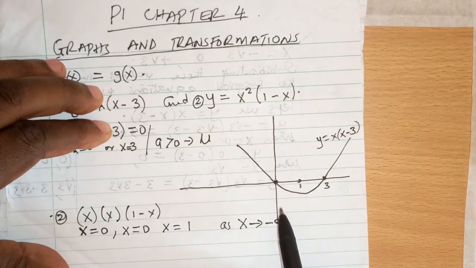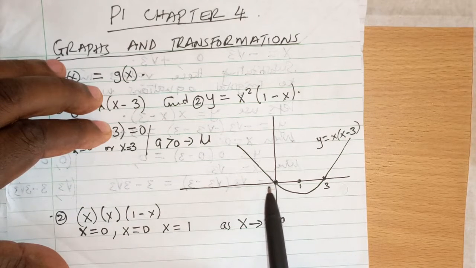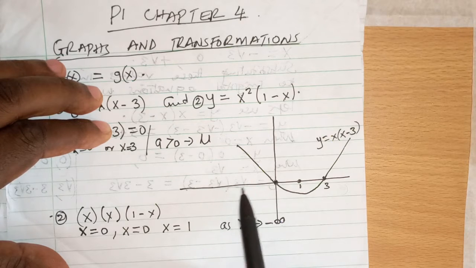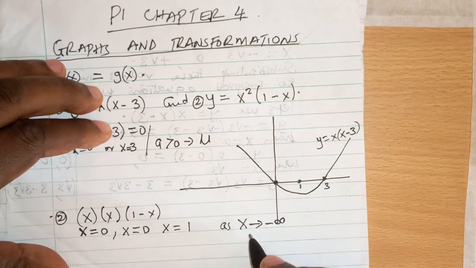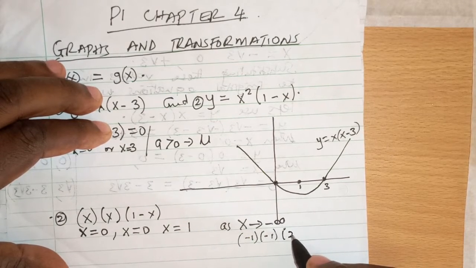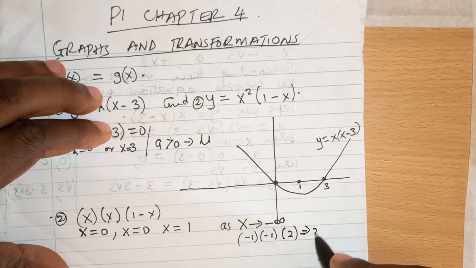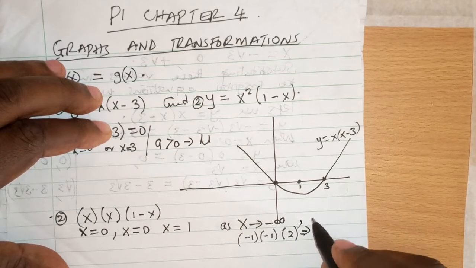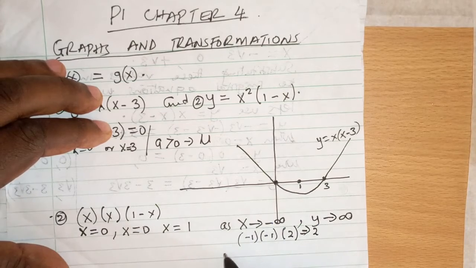If x is negative infinity, and the least value of x is 0, we can easily take x to be equal to negative 1. Let's see how y behaves when x is negative 1. So x becomes negative 1, and 1 minus negative 1 becomes 2. So y is 2. How does y behave? Then y approaches positive infinity.